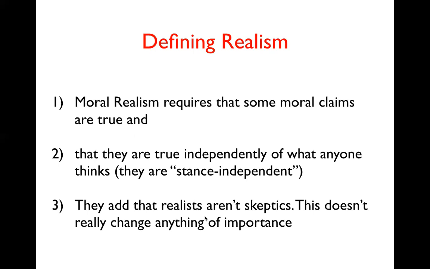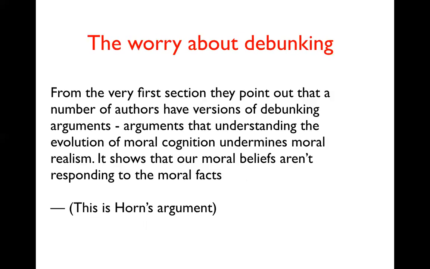Okay, so once they've defined realism that way, they immediately bring up this worry about debunking. From the very first section, they point out that a number of authors have various versions of the debunking arguments. Sharon Street, Richard Joyce, Michael Ruse. The worry is that once you understand why we make the moral judgments we do, and in particular, you understand how evolution has influenced them, that actually undermines realism.